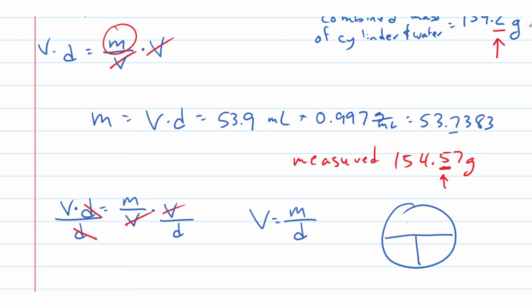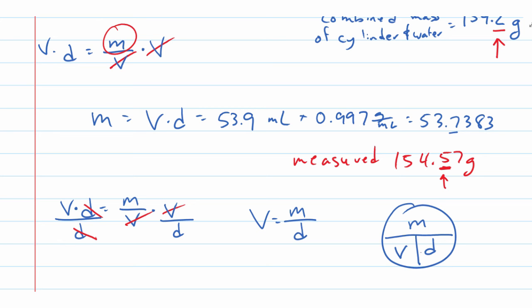If you want to remember how to get started on this one, give me the biggest slice. I'm going to put that one on top. Give me the biggest slice and put me on top, for M. Then we're going to put V and D on the bottom. Now, if you want to calculate any one of these, here's how the density pie works.